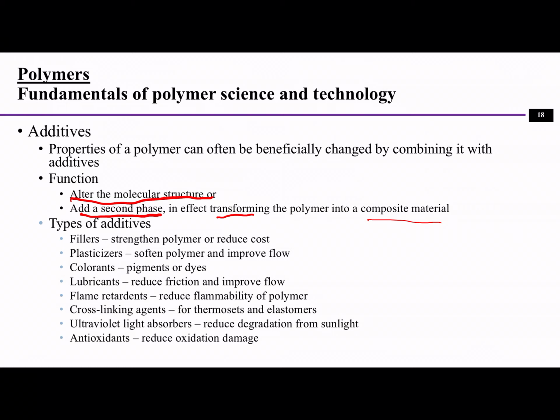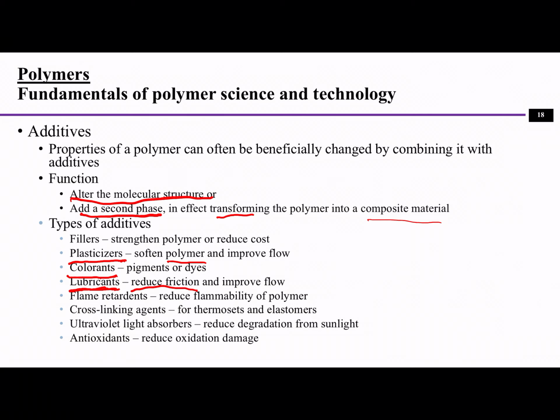Some additives increase the strength of the materials. Some are for colorization. Some are plasticizers, to improve polymer forming. And some are for lubrication, so that you can reduce friction and improve the flow.